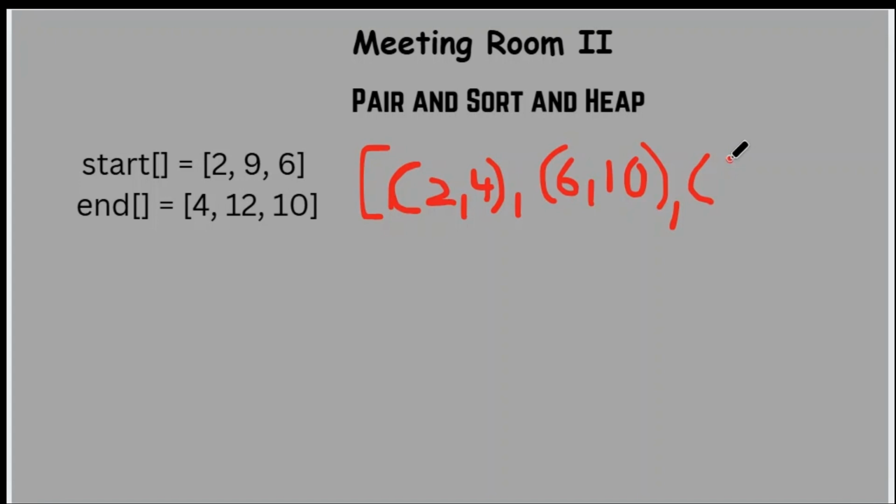So you have to pair and sort them first. And then you have to use a heap. The heap is initially empty, and you have to keep track of the length of the heap.